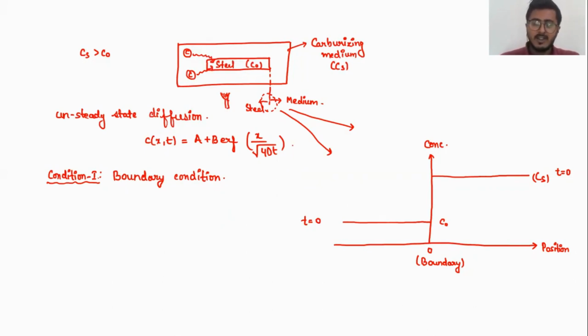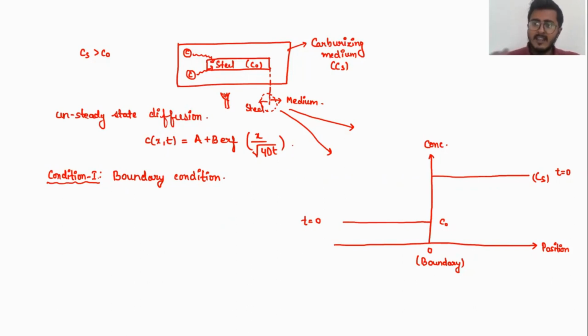Now you just need to understand that at the surface of the boundary of the steel component, the concentration always remains constant. This is one of the conditions: the concentration at the boundary will always remain constant and equal to the concentration of the carburizing medium.